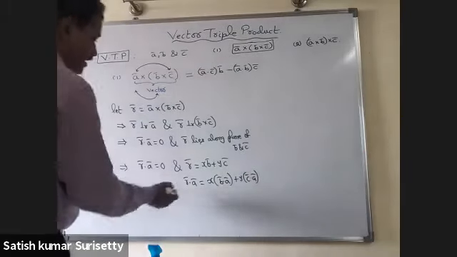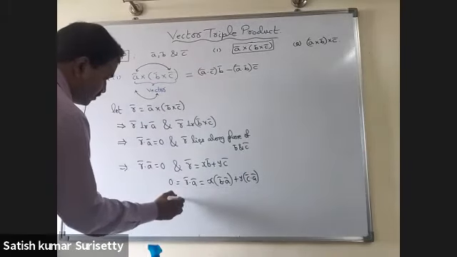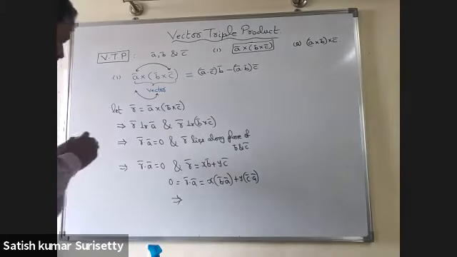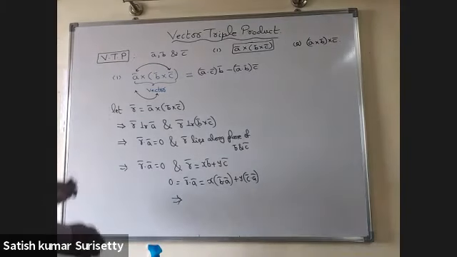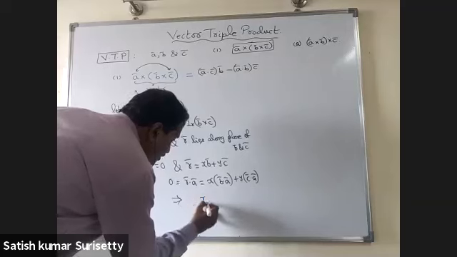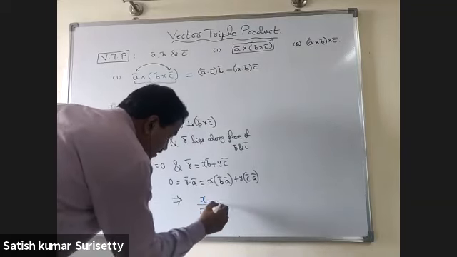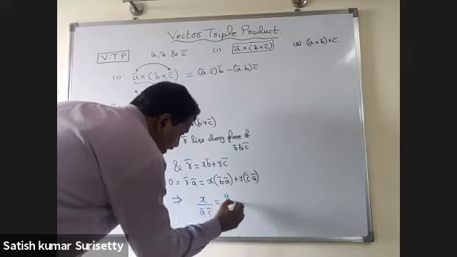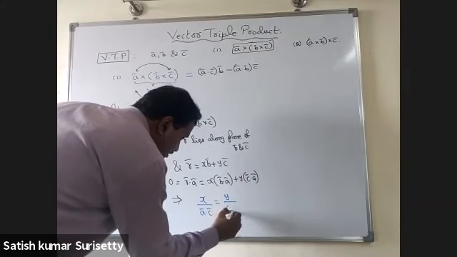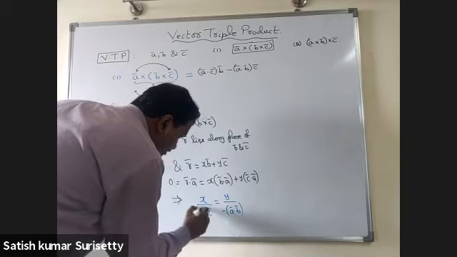So R bar dot A bar equals 0, which implies I can rewrite as a proportion: X upon A bar dot C bar equals Y upon minus A bar dot B bar.